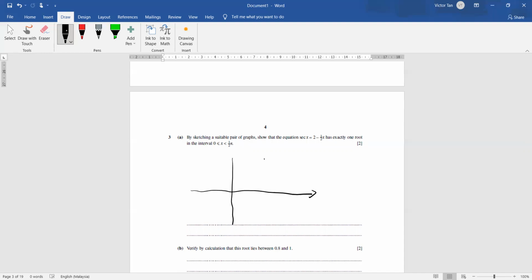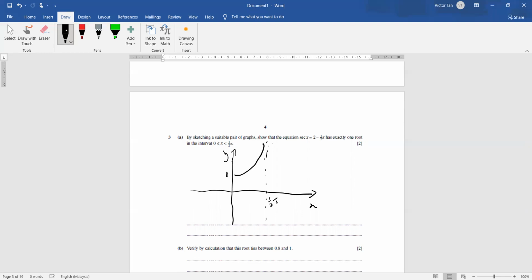So this is your asymptote at half pi. This is y, this is x. So the graph of secant x is this.